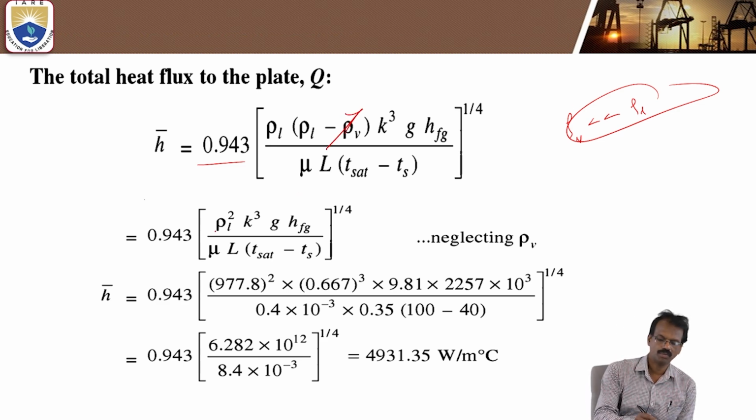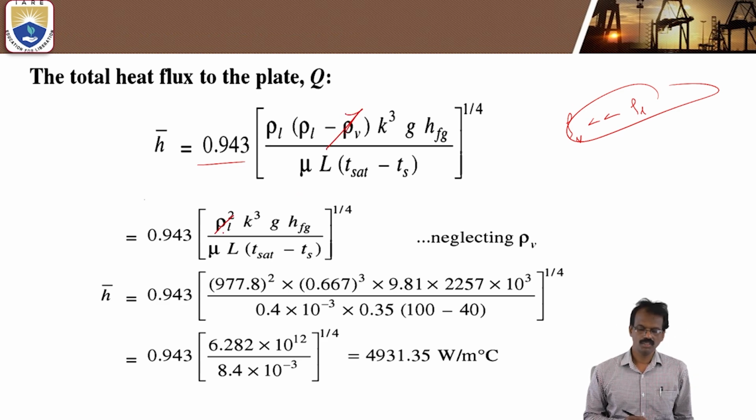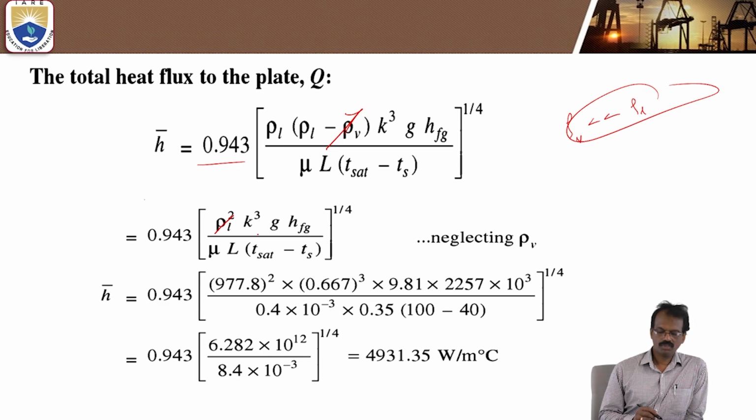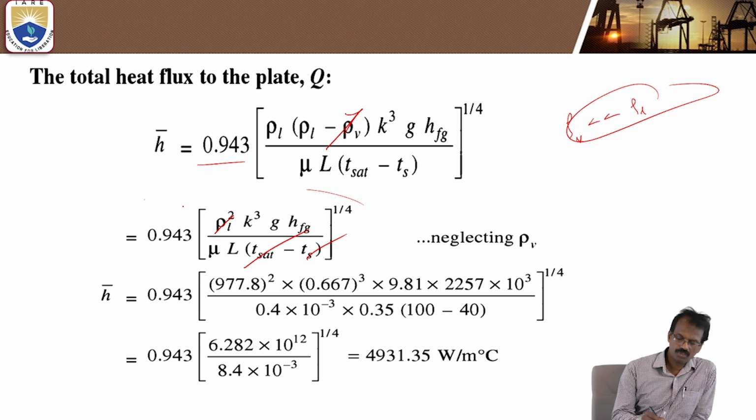Then the formula will be rho L squared k cubed g hfg by mu L into T saturation 100 minus Ts, which is 40. If you substitute all the values, then you will get the h bar.